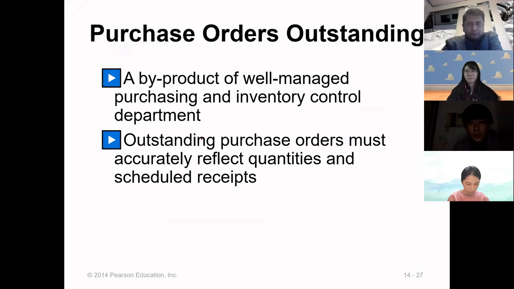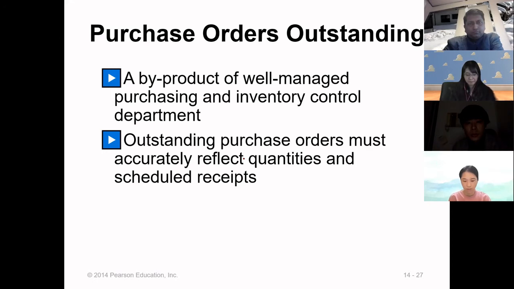And also you need to have purchase orders outstanding. If you do not have the quantity of purchase orders outstanding, then you will not be counting that into your inventory. Basically, you must deduct whatever purchase orders are actually in the pipeline.